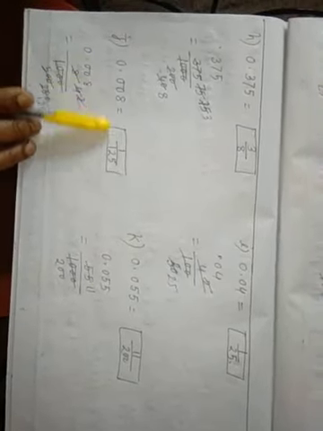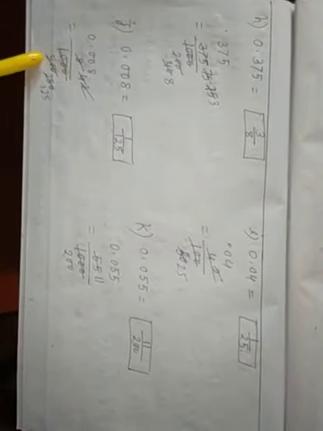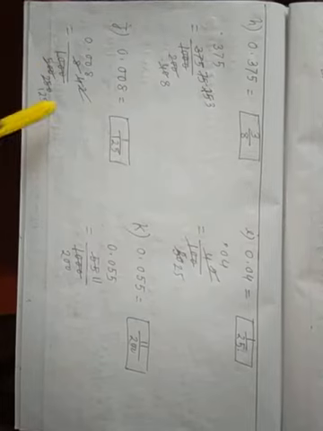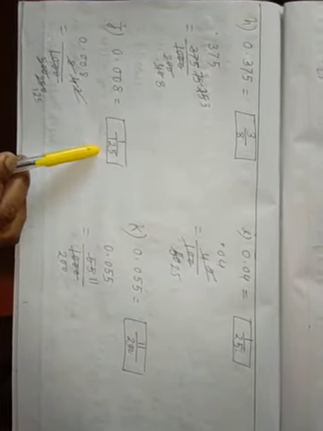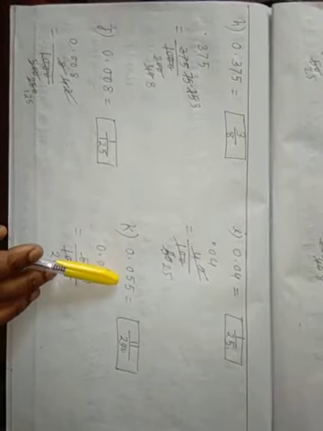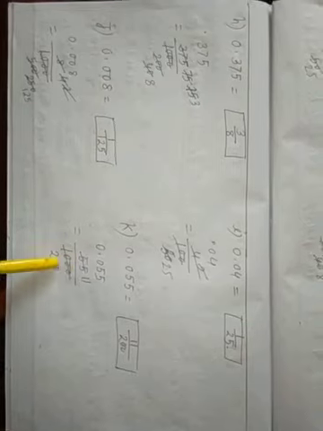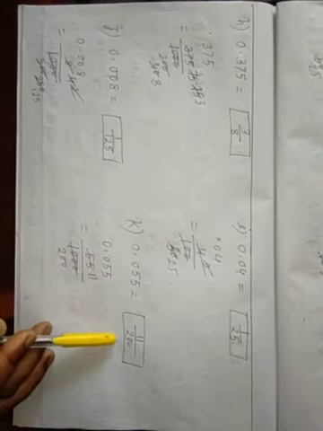J, 0.008, that is 8 by 1000, that is 4/500, 2/250, that is 1 by 125. Okay. K, 0.055, 55 by 1000, 11 by 200. Okay, it is 83.